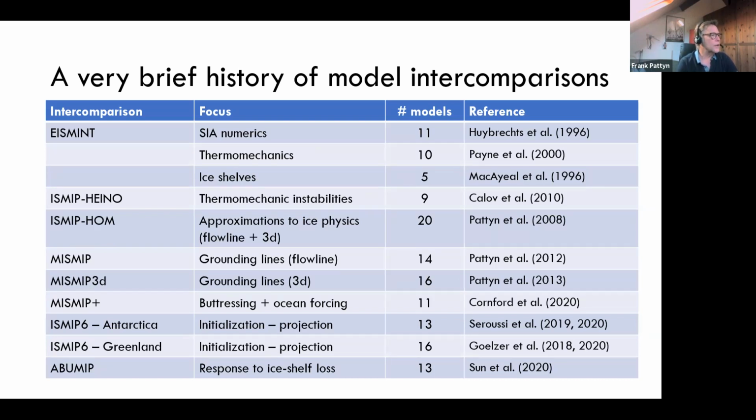It starts with the ISMINT series that I will briefly introduce, and then we have the ISMIP series and then the MISMIP series, and then we come to ISMIP6. The later ISMIP6 ones are more real case experiments. All the former ones are idealized cases. So I will start off with the idealized cases.